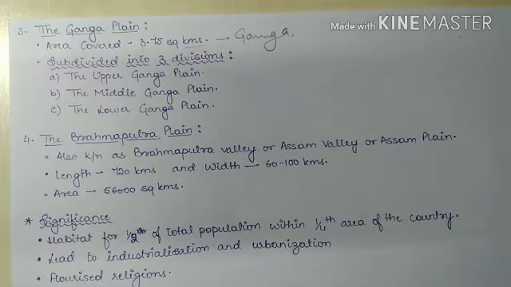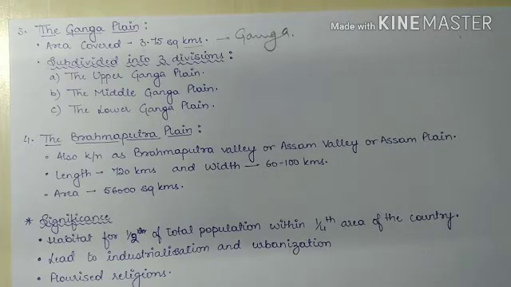Now, depending upon the geographical variation, this area is further subdivided into three divisions. The three divisions are, first, Upper Ganga Plain, second, Middle Ganga Plain, and lastly Lower Ganga Plain.